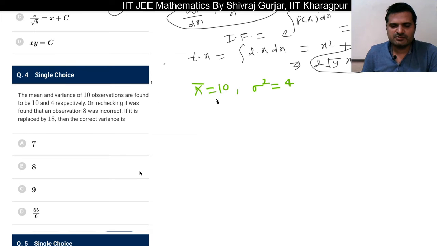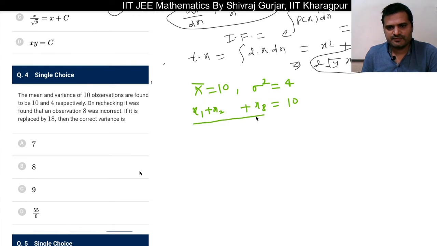So there are a total of 10 observations. So we know x1 plus x2 plus up to x10 divided by 10 is equal to 10. So this will be 100. It is given that one observation is 8. We can say that x1 plus x2 plus up to x9 is equal to 100 minus 8.